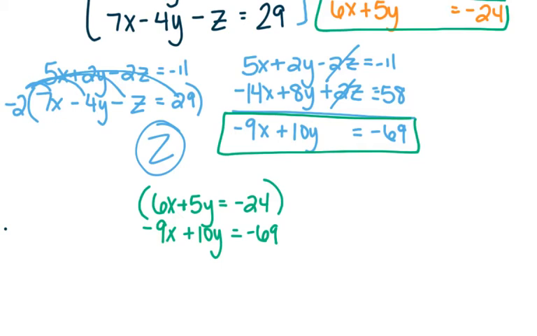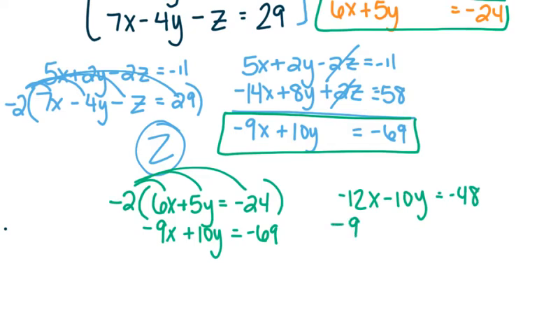What would you multiply positive 5 by to get negative 10? Negative 2. So I'm gonna multiply everything by negative 2. And now I'm going to add the equations together, and the y variable is going to cancel out.